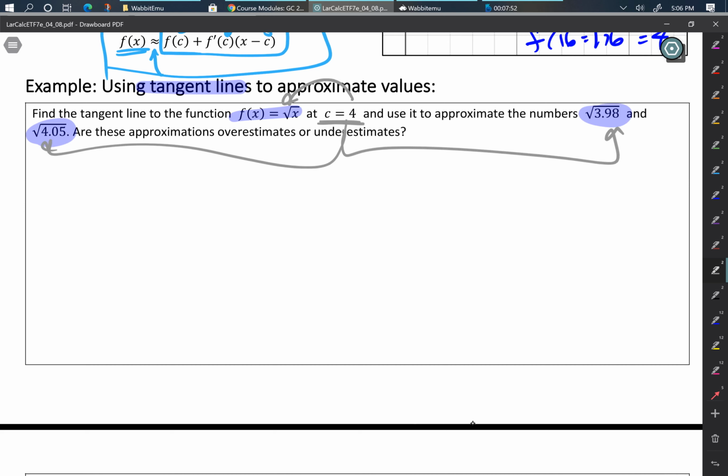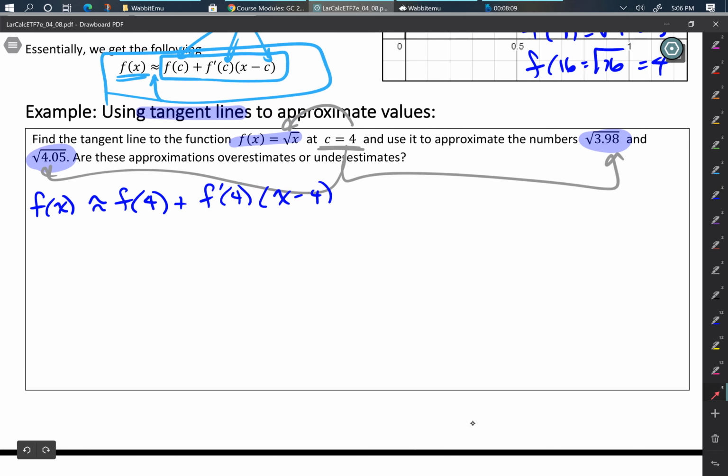So what we need to do is say that f of x is approximately f of 4 plus f prime of 4 times x minus 4. Now, where did that come from? That's just this plugged in, right?